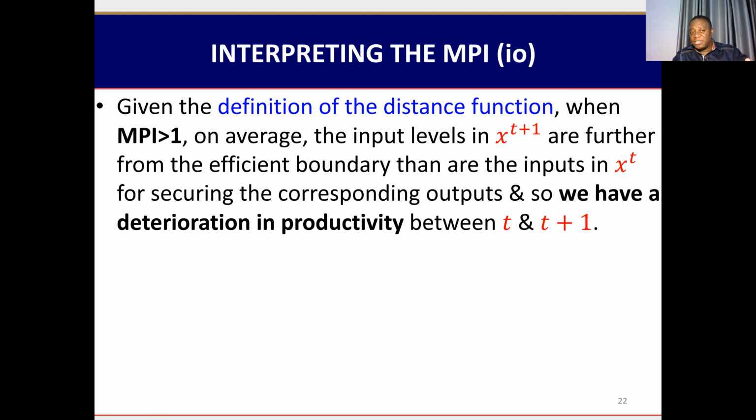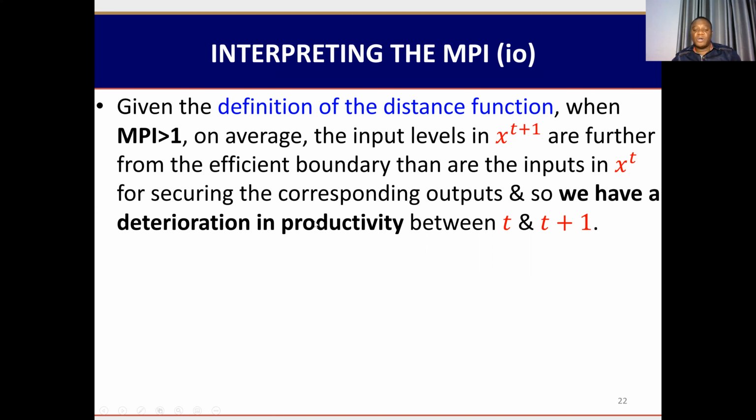Given that definition, whenever the Malmquist is greater than 1, it means that the second year's inputs are further away from the efficient boundary than the first year's inputs. In that case, we have a deterioration in productivity from year T to year T plus 1. So in an input orientation distance function, when MPI is greater than 1, we have a decline in productivity.